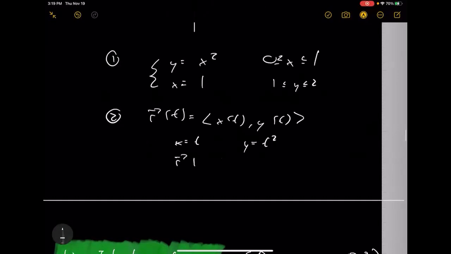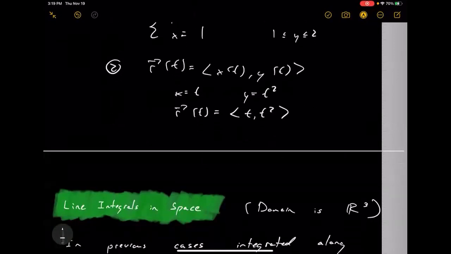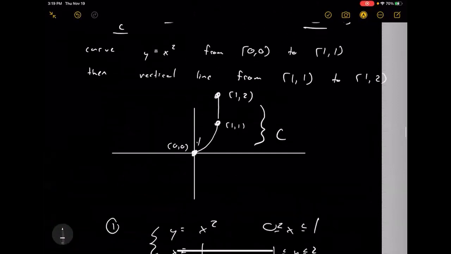So my parameterization for this piece of the curve would be t, t squared. And what are my values of t? This time t is between 0 and 1. If t equals 0, I'd be there. If t equals 1, I'd be there.